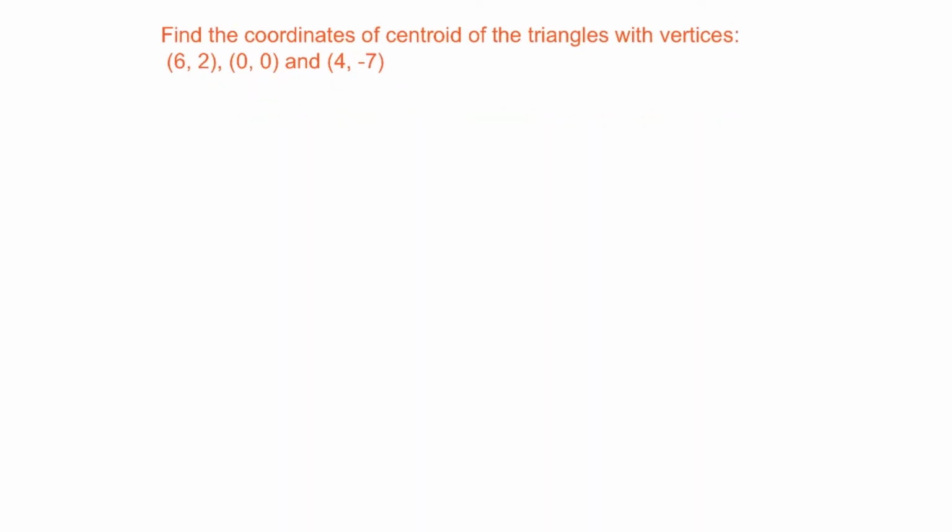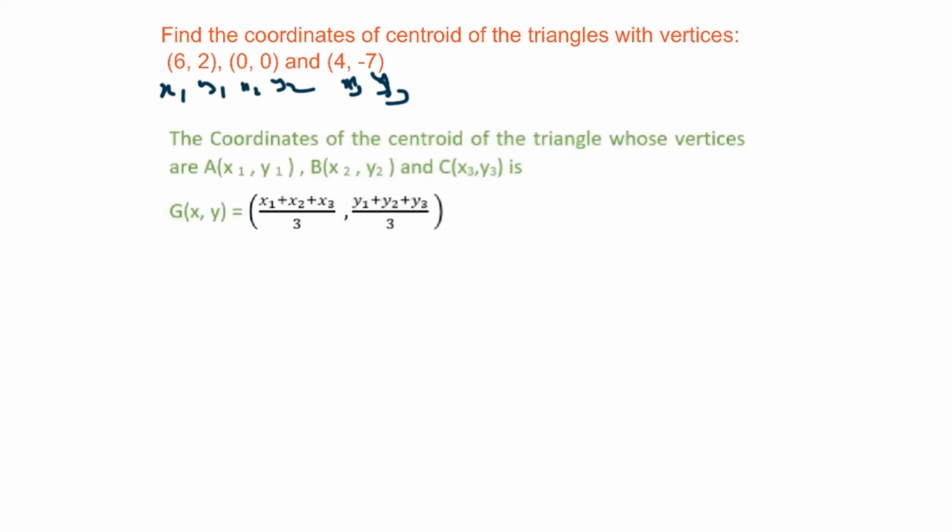Similarly, we will solve one more question, same like this. In this case, we will consider these as x1, y1, x2, y2, x3, y3. Now we will find the centroid using the formula of the centroid, which is (x1 plus x2 plus x3) by 3, comma, (y1 plus y2 plus y3) by 3.